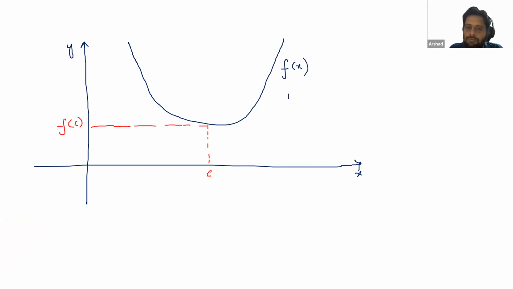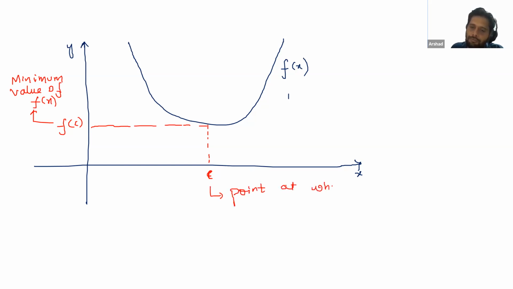Okay, so at this point, the function has the least value. You can see from the graph only. So this is called the minimum value of f(x). And this is called the point at which the function has the minimum value.